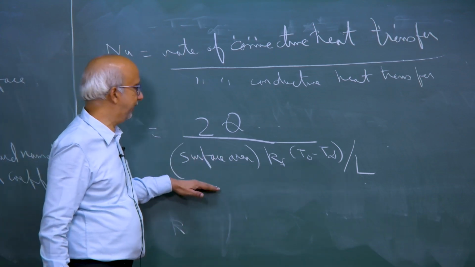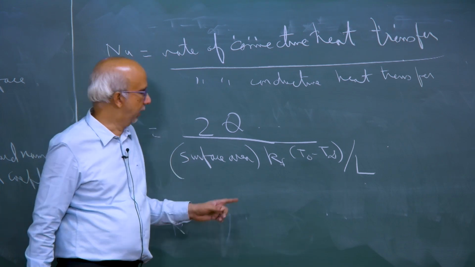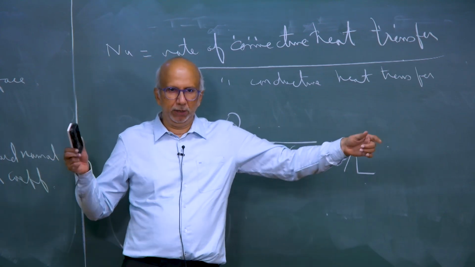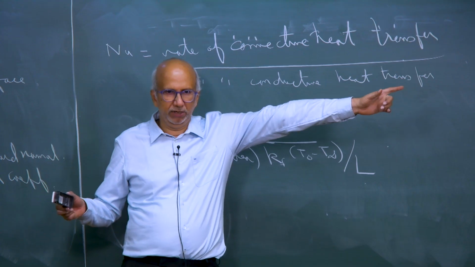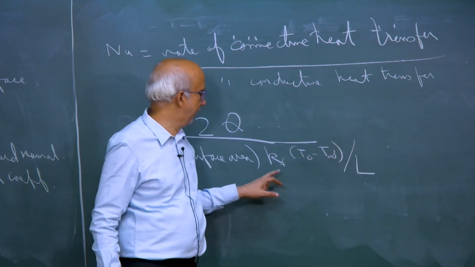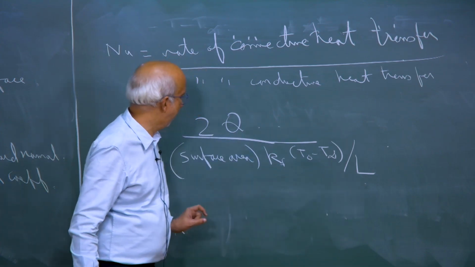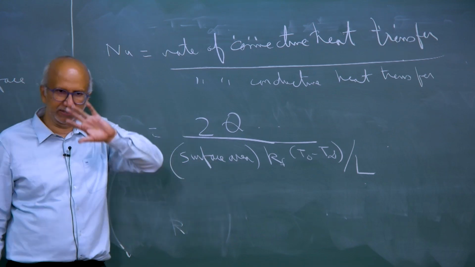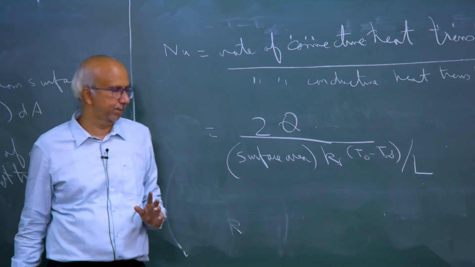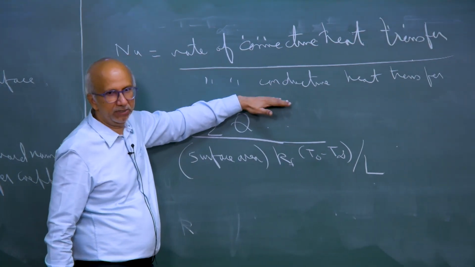The denominator tells me the rate of heat transfer only by conduction. The temperature difference is between T naught on the surface and T infinity far away, and if there is only conduction between these two points, it will be K times this divided by L. I have multiplied by the surface area, which you can calculate, 4 pi r squared for a sphere, or whatever it is for the other body. So this is the rate of heat transfer by conduction.